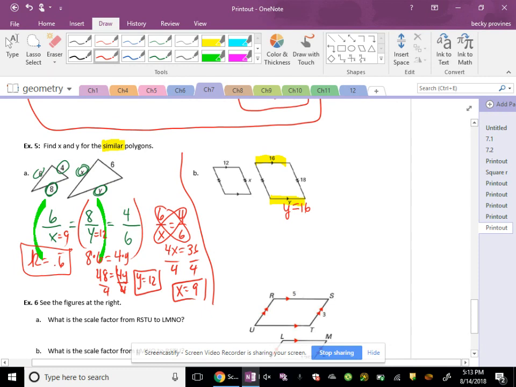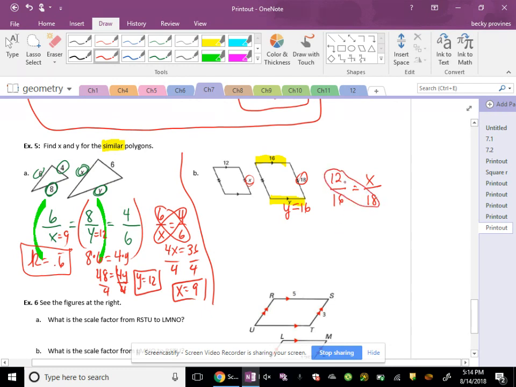To solve for the x value, again, I'm going to write two proportions. I'm going to say, okay, what corresponds with the 12? Well, that's the top. So the other top is the 16. Then I go back to the first figure and I say, okay, I have x. What does x correspond with? And that's 18.